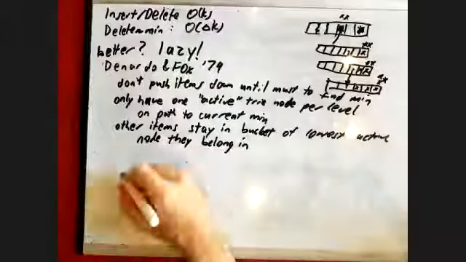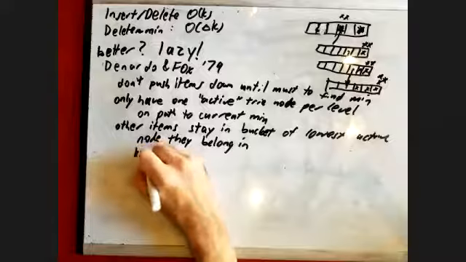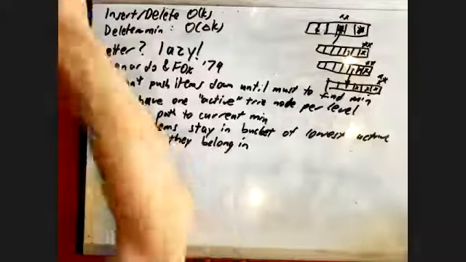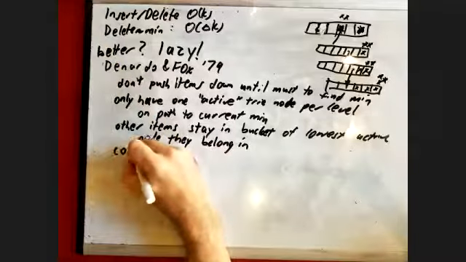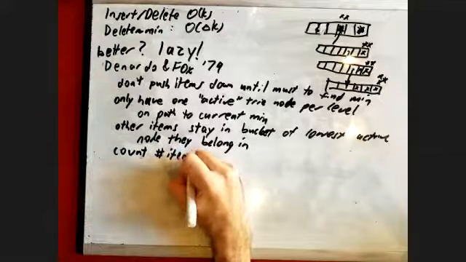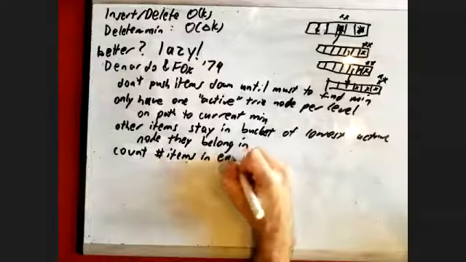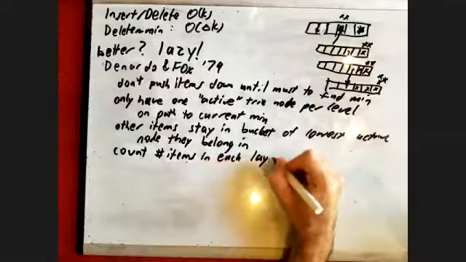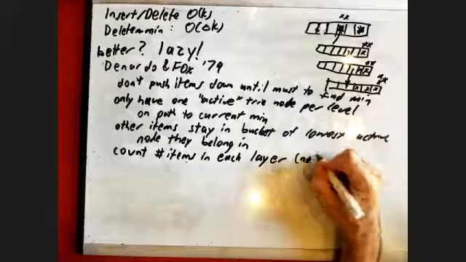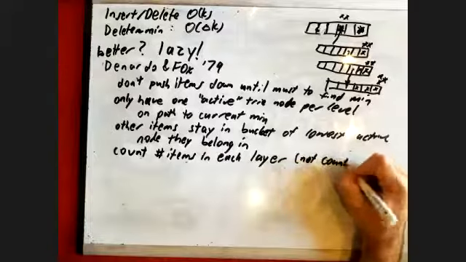And what I'm going to do is keep count, and I'll show you why later, of the number of items in each layer so that I can quickly notice when I've emptied out a layer. And I don't count my descendants.